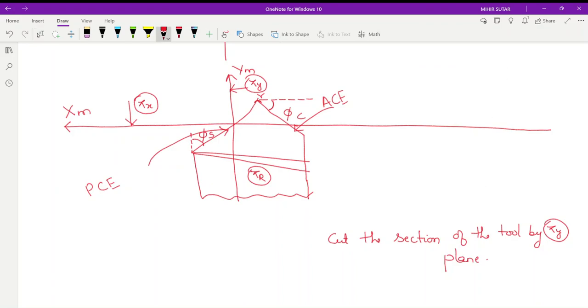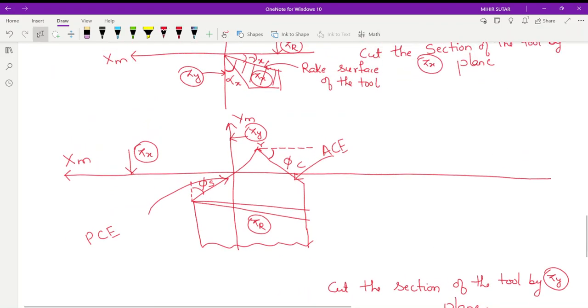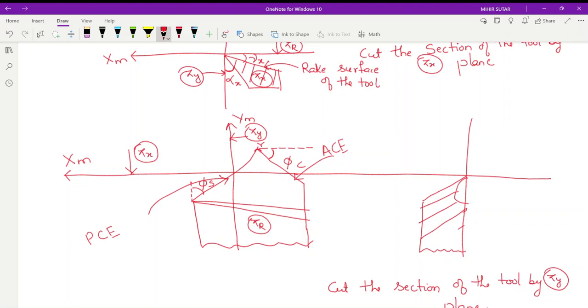So we are cutting it along the y axis, or pi y plane. So this plane will be pi y, and where it was pi y, that will be our pi r plane. Earlier it was your pi y plane. Now pi y will be the pi r plane, and pi r will be the pi x plane.